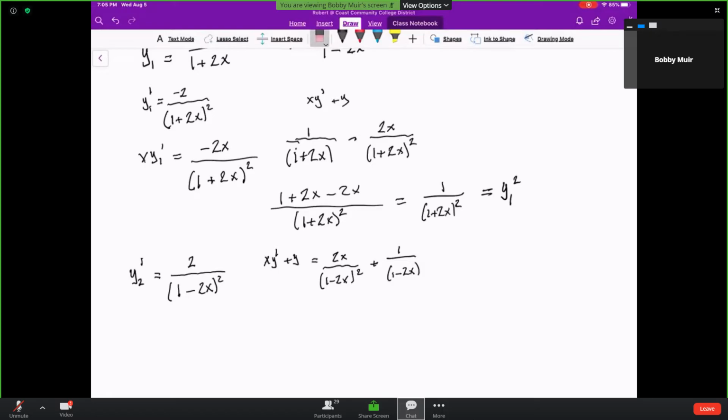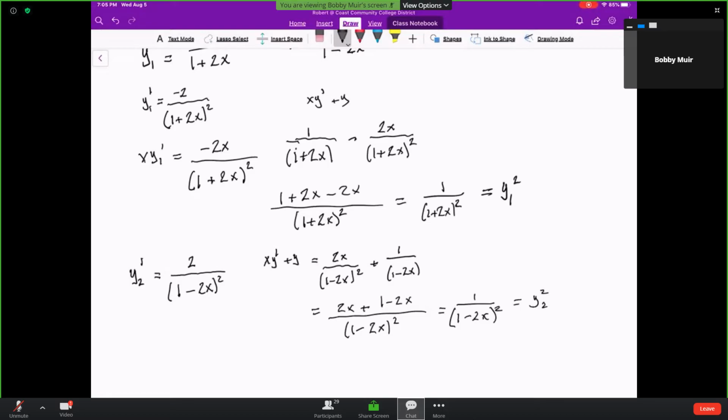Common denominator it up. And that's going to be 2x plus 1 minus 2x over (1 minus 2x) squared. And once again, that is y2 squared.